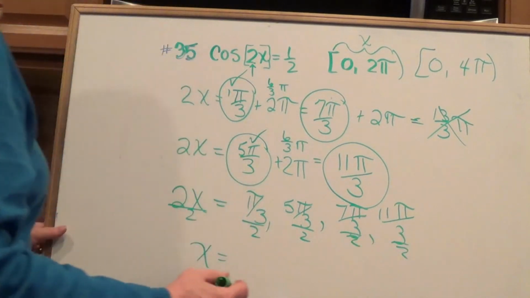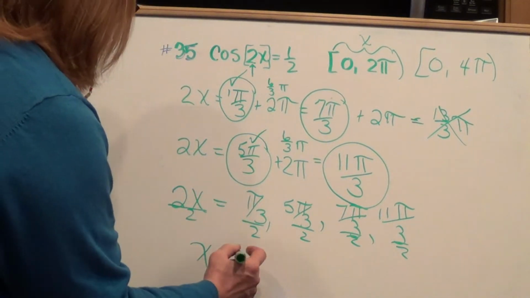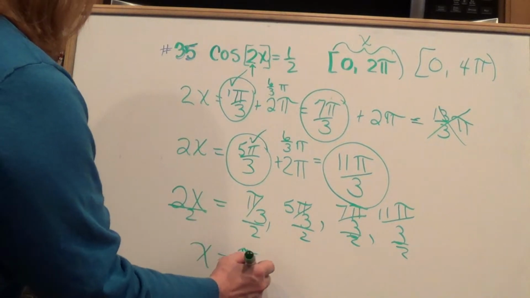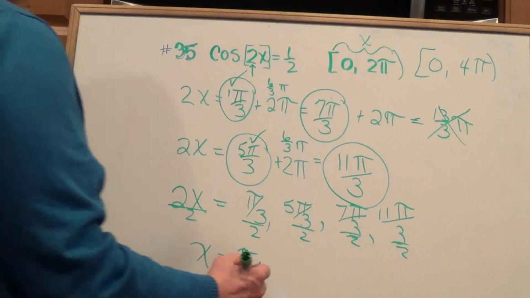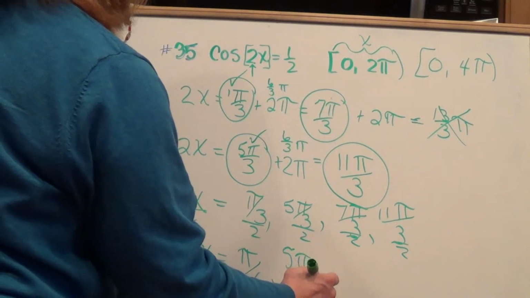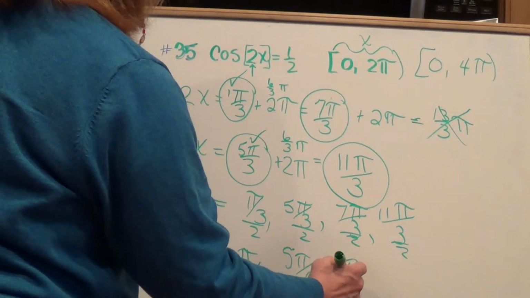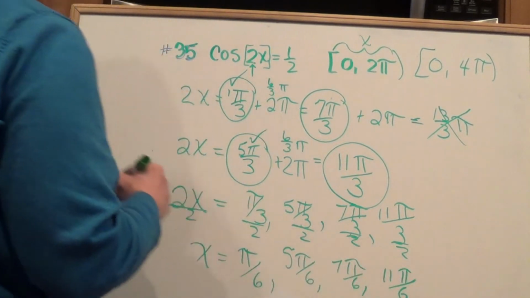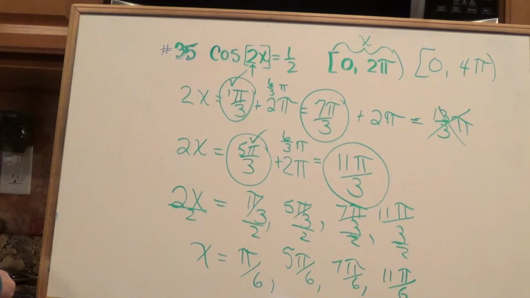And when I do that, the fraction work is minimal. We have pi over 3 divided by 2 is pi over 6. And this is 5 pi over 6. And this is 7 pi over 6. And this is 11 pi over 6. Alright, so those are the 4 answers to this problem.